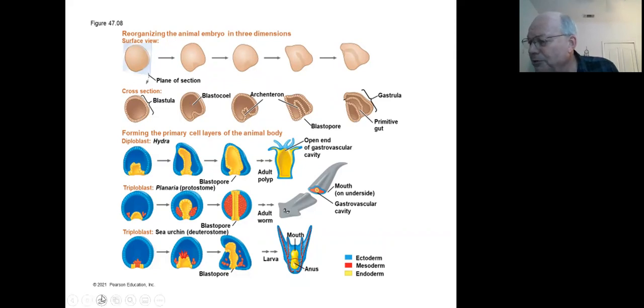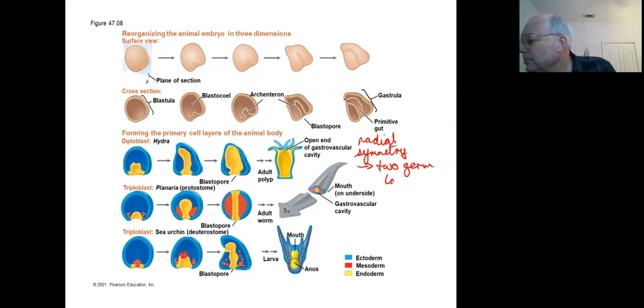So the cnidarians, radially symmetrical animals, so radial symmetry, two germ layers. And you can see those color-coded here as yellow and blue.